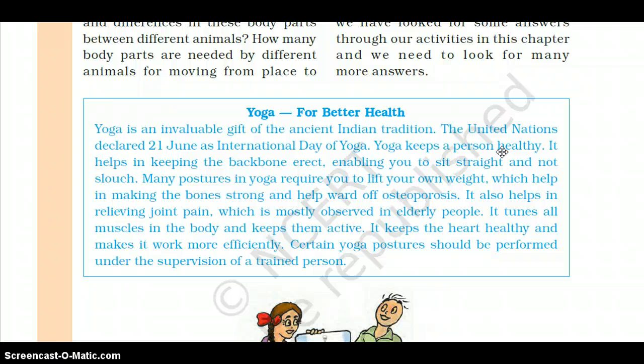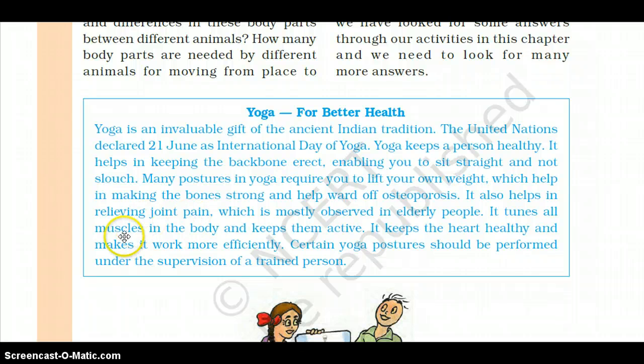It maintains the correct posture while you are sitting or walking, and it makes your bones strong, and can ward off a number of diseases like osteoporosis. Yoga helps in relieving joint pain in case of elderly people.